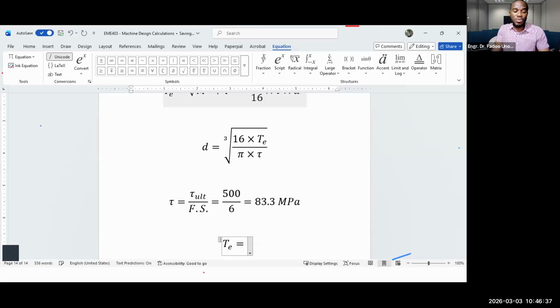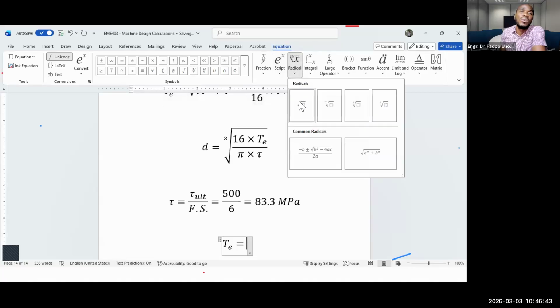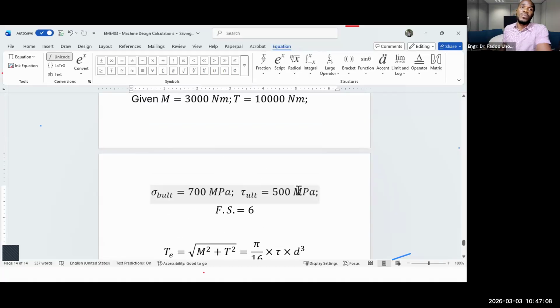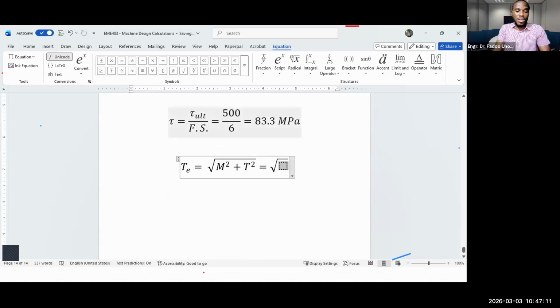The equivalent twisting moment will be the square root of M squared plus T squared. M is 3 and T is 10, so the square root of 3,000 squared plus 10,000 squared.